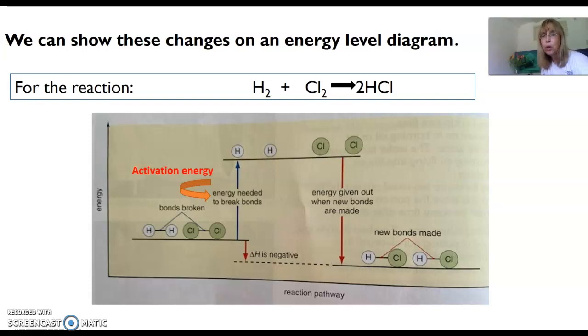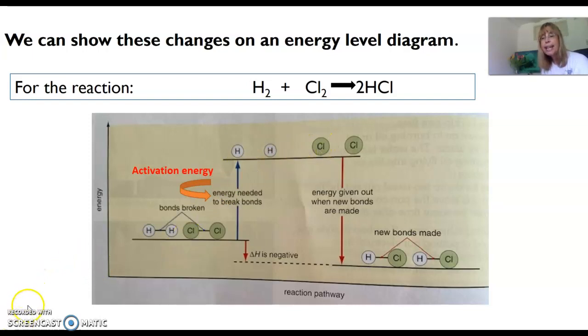You've seen this graph before, and the only difference is before I've drawn it with a curve at the top, but it can equally be drawn like this. So we start off on the left-hand side with our reactants, our hydrogen and chlorine molecules. And we notice that before anything else even happens, these hydrogen and chlorine molecules are broken apart.